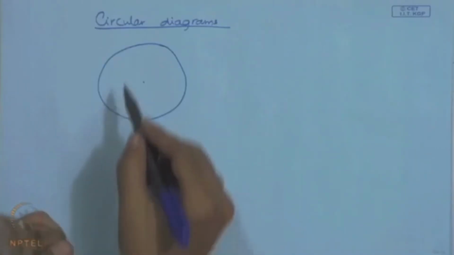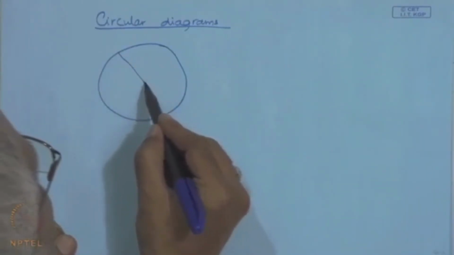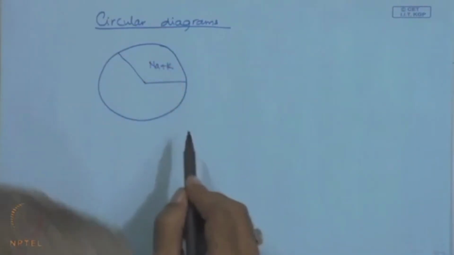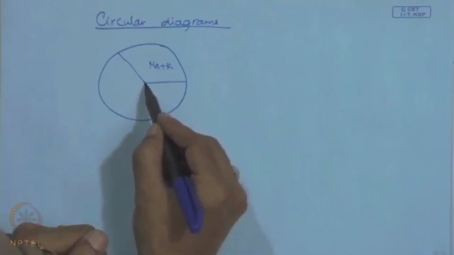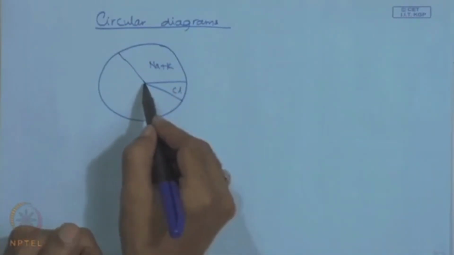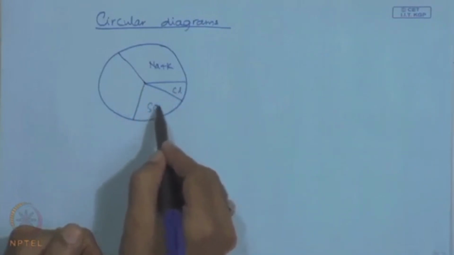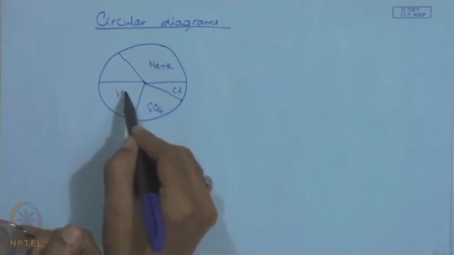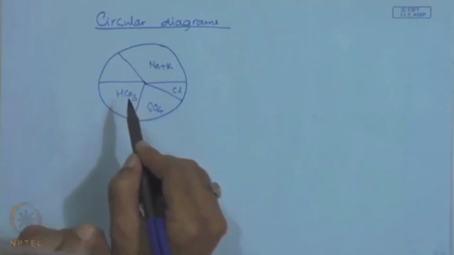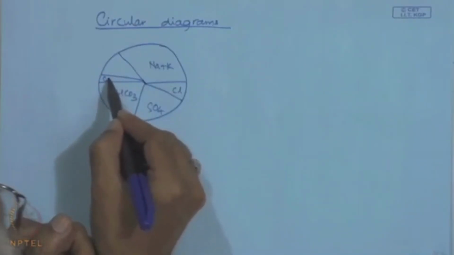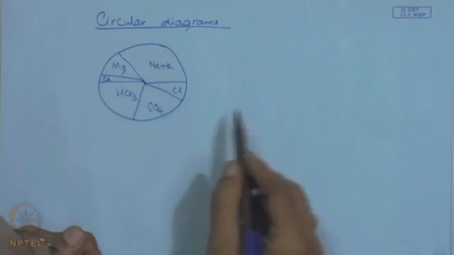In this case, say this could be sodium plus potassium, and this could be chloride, this could be sulphate, this could be bicarbonate, then this could be calcium, this could be magnesium.